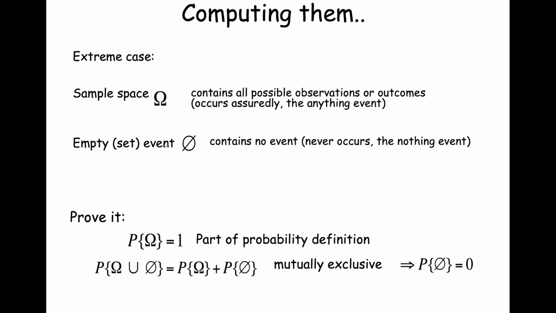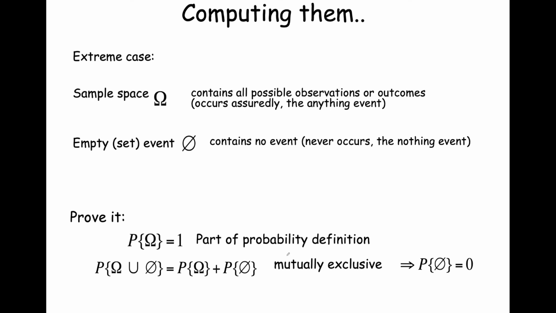By our definition, they're mutually exclusive because omega intersection empty is the empty set, right? So we have the probability of omega, which is 1, plus the probability of empty, which is 0. They are mutually exclusive. This expansion is the definition of that other property that we discussed for the probability of the union of mutually exclusive events.